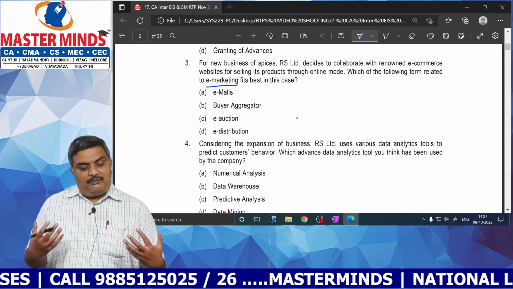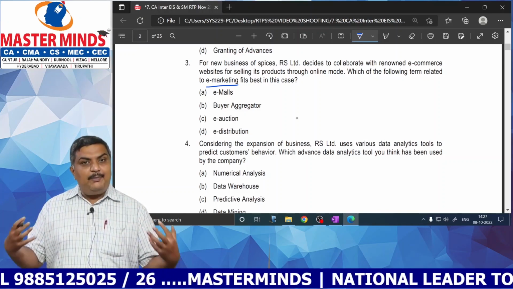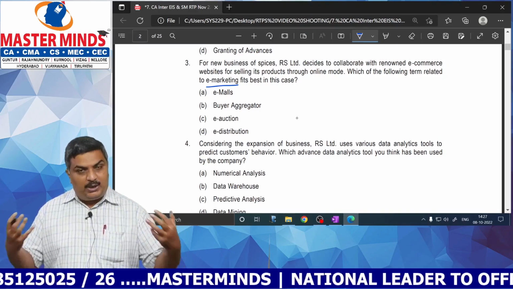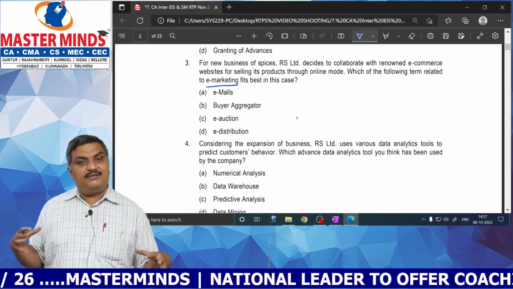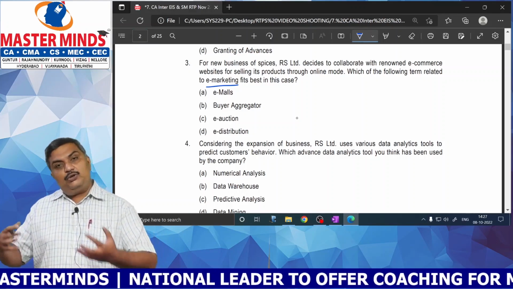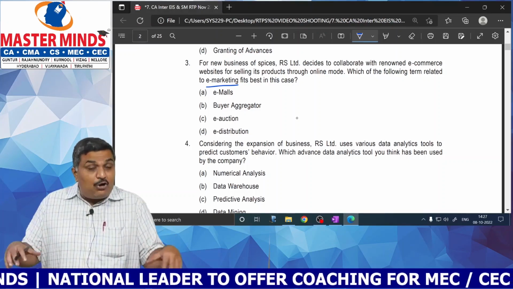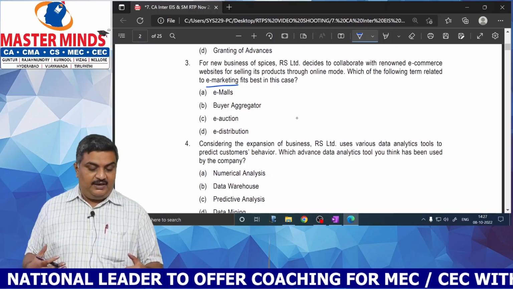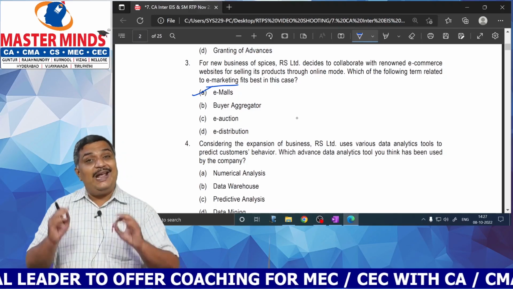So, first let us understand what is an e-mall. An e-mall is a kind of web portal or a website where it makes listings of different companies. So, here RS Limited has entered into collaboration with many e-commerce websites to sell their products. So definitely that comes under e-malls. That is called an e-mall.